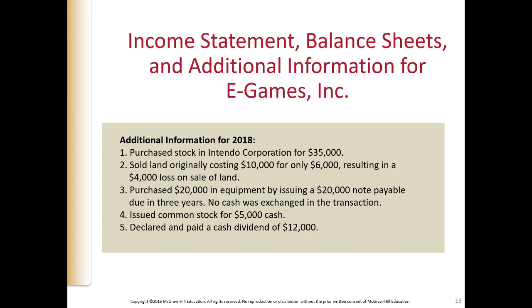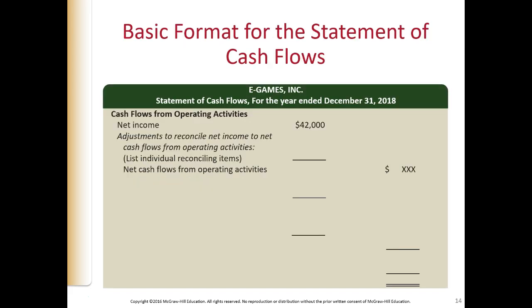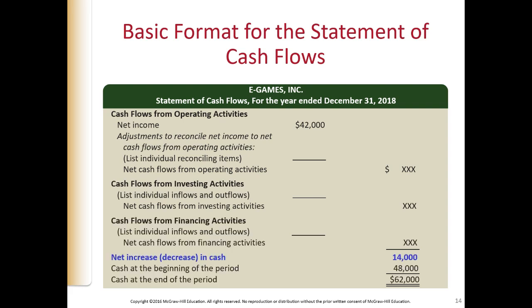So let's start putting this all together in a cash flow statement. To begin with, in the operating section, always start with net income. So go straight to the income statement and pick up the bottom line number that you see and drop it in. Then we need to adjust for that. The other items in here, don't worry about these just yet.